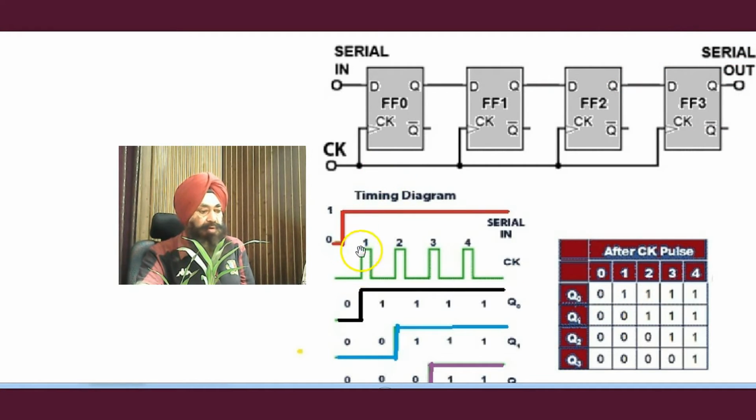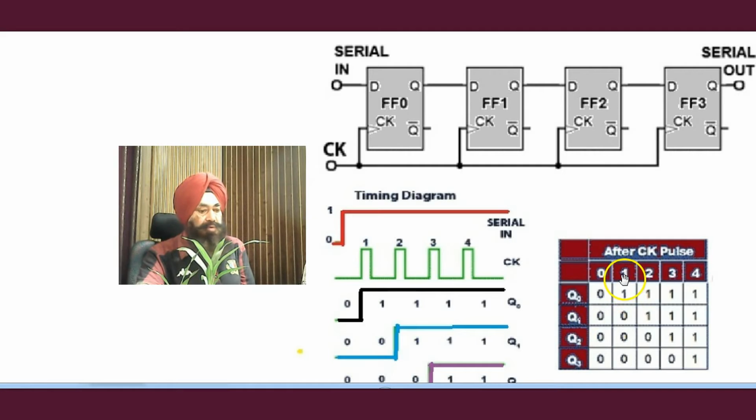So after the first clock pulse, the output of Q0 is 1 and all others are 0: second, third, output 0.